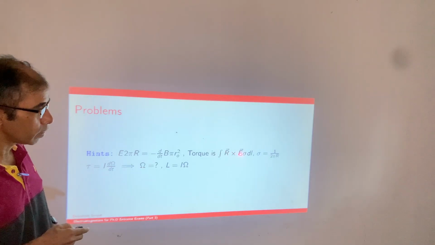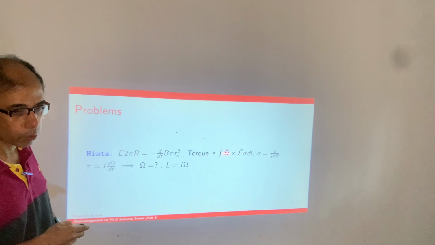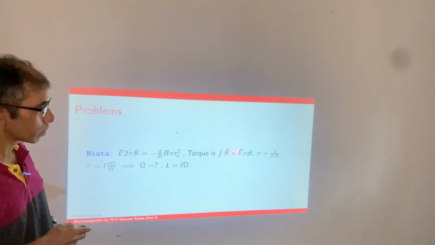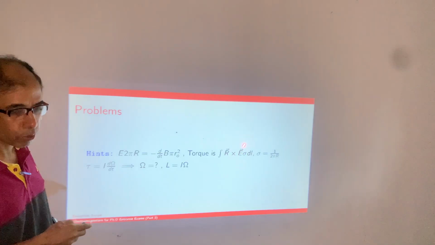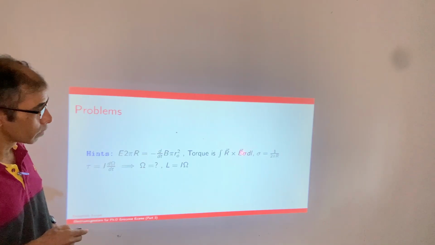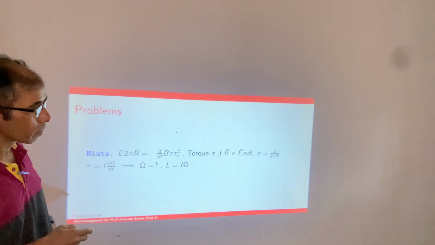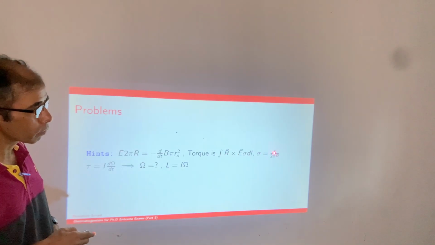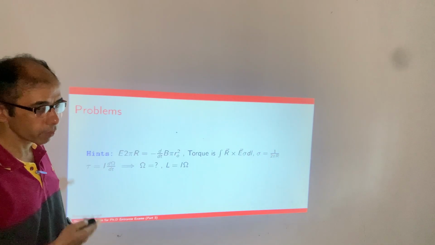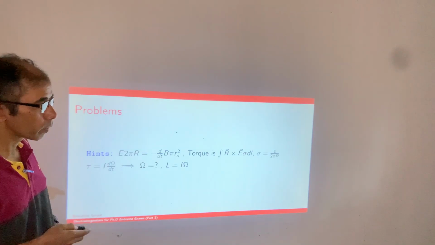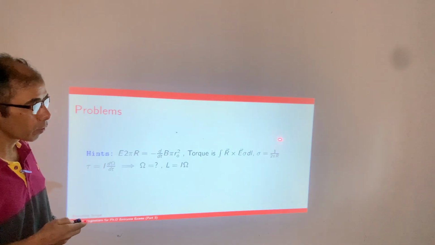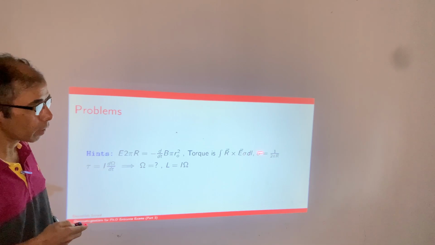That is easy to do. You can easily see E and R are perpendicular to each other, so this integration is easy. Magnitude of E is constant. So once you do this, you can easily find this integral. And what is sigma? Sigma is 1 by 2 pi r, because it is given that the loop carries 1 unit of charge, so the line density will be 1 by 2 pi r.